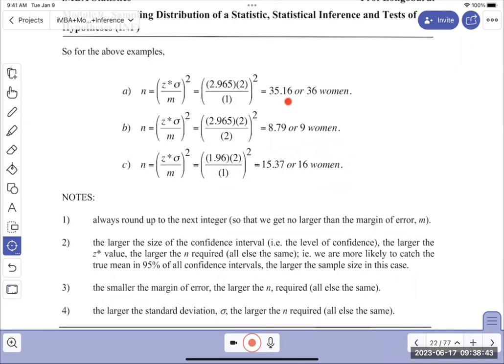So notice the numbers, 35.16 rounds all the way up to 36, even though in general rounding, you would just make that 35. We do that to maintain the margin of error of 1. This one will round to 9, and this again will round all the way up.